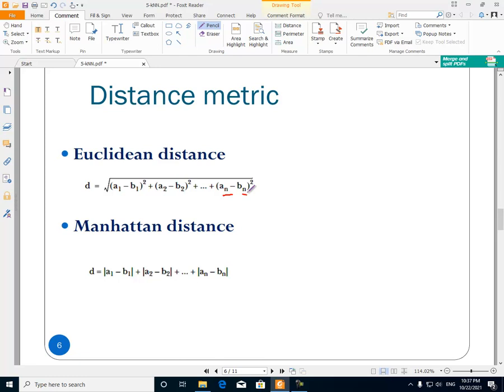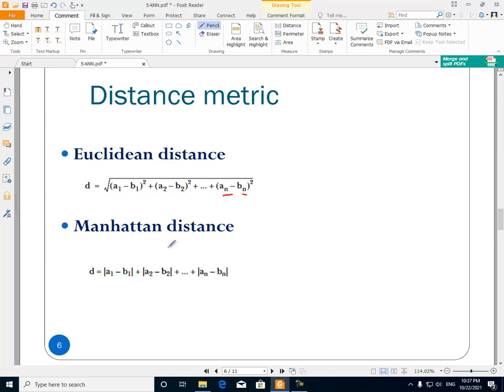So the Euclidean distance between these two vectors is equal to this formula. We subtract the data from different dimensions from each other, and then we take the square root.